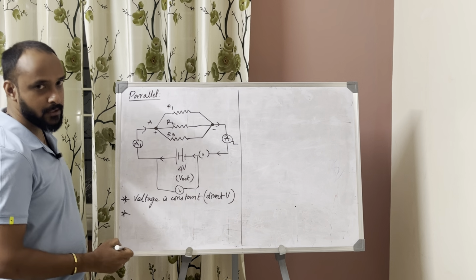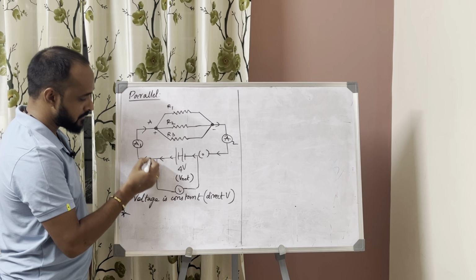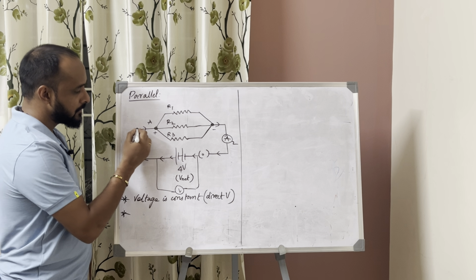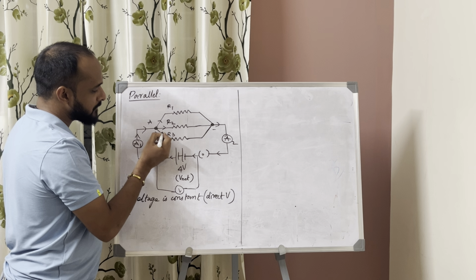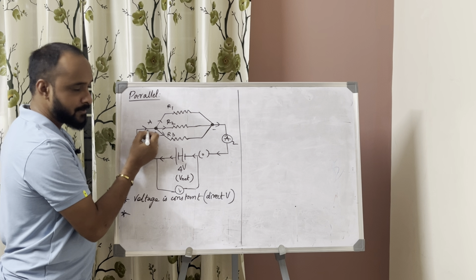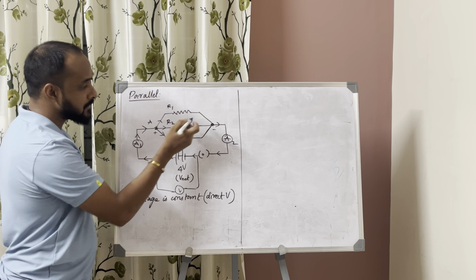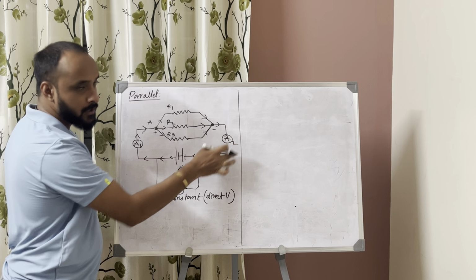But if you trace the current, the net current from the battery exits here, and as it's entering the circuit, it splits into three parts. In this junction, whatever current is entering is splitting into three parts. Again, it is joining back here, coming out together.